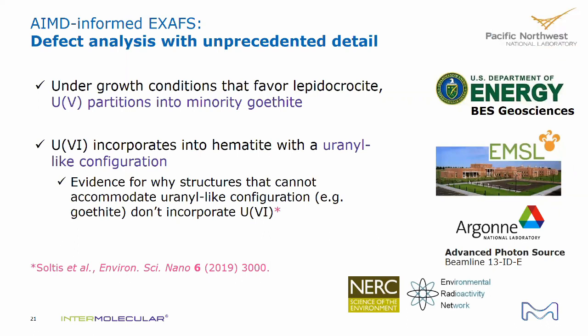I can't speak for that myself as somebody who was relatively new to the uranium incorporation problems at the time. But I think it surprised all of us that the uranium went into the goethite instead of the lepidocrocite. To be honest, we had synthesized the lepidocrocite heavy sample by mistake. It wasn't really a parameter space we were planning to work in, but when we found the results, we discovered something pretty unusual.